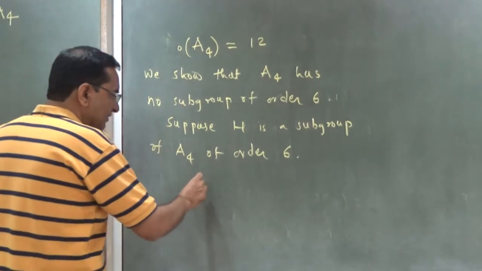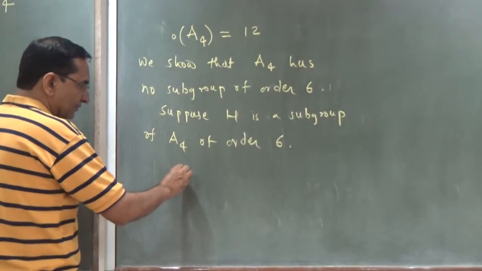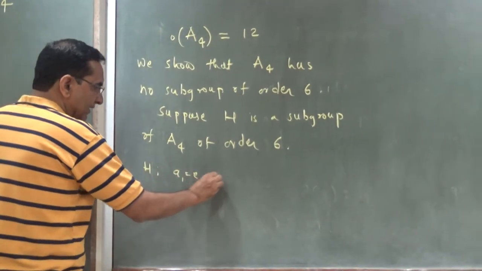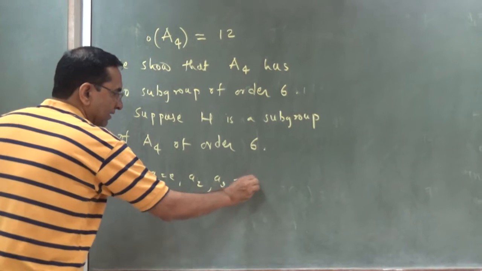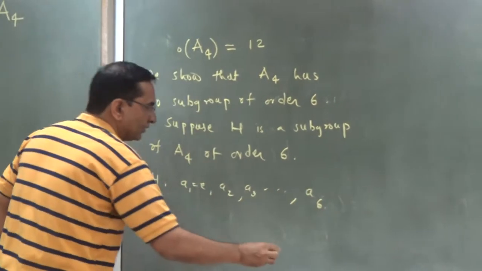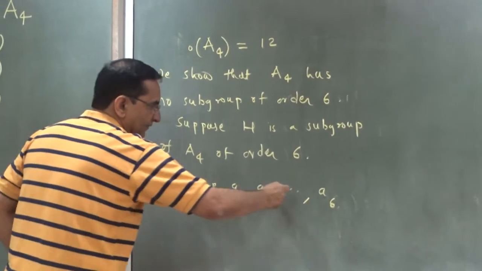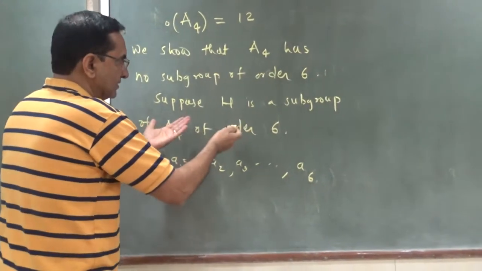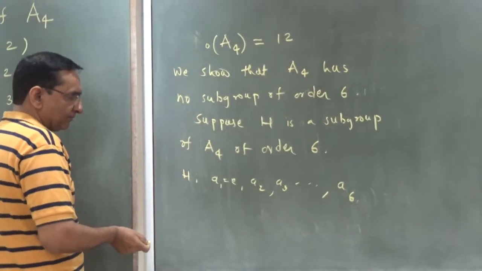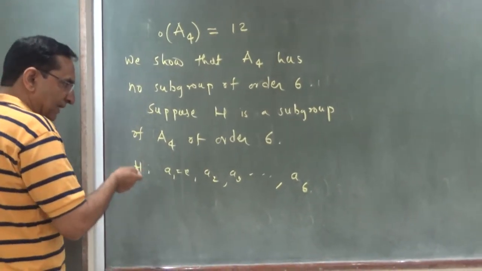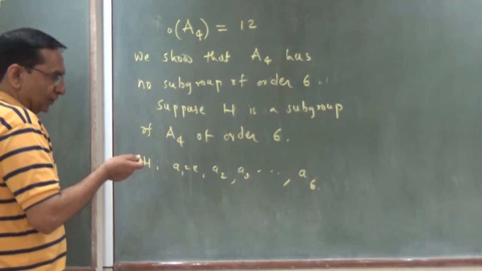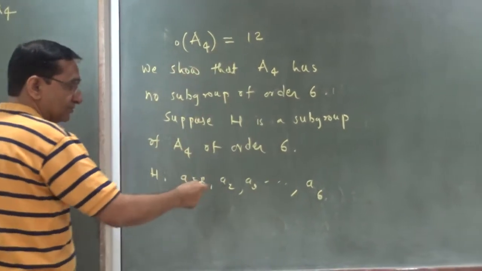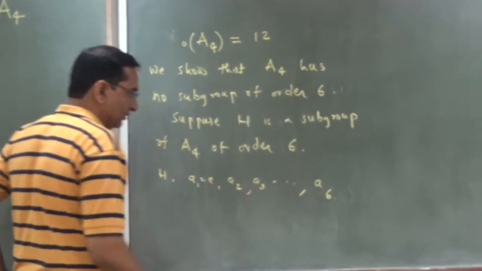So if we list the elements of H as A1, which is identity, A2, A3, up to A6, these are elements of H. This is the subgroup that we have assumed. Now if we take some other element which is not in H, A4 has 12 elements, so still 6 elements are remaining.